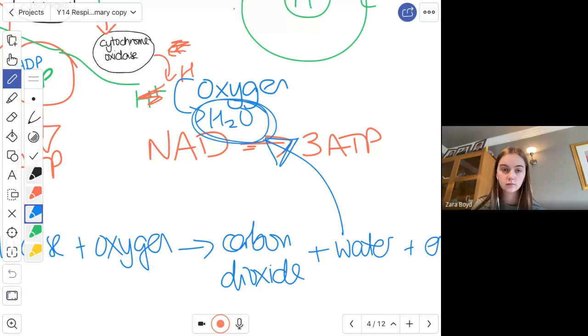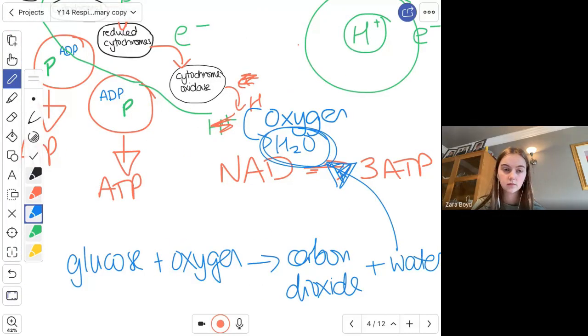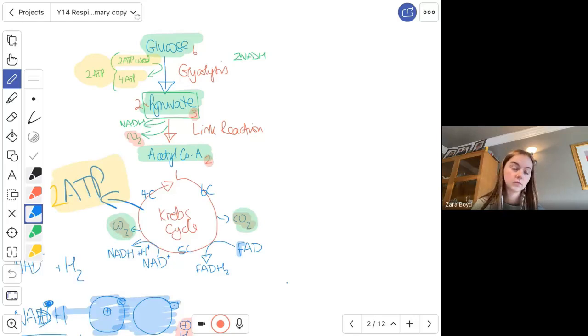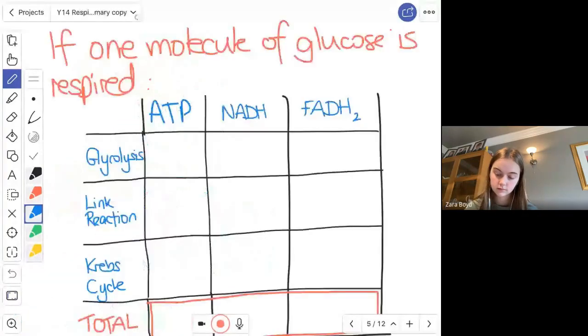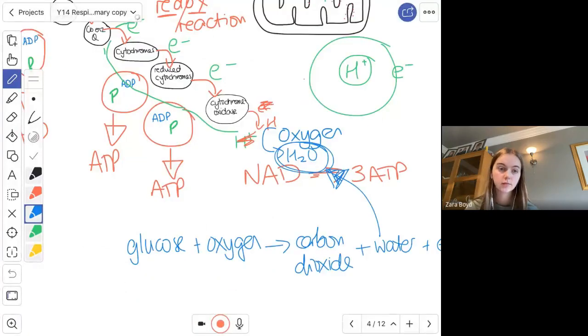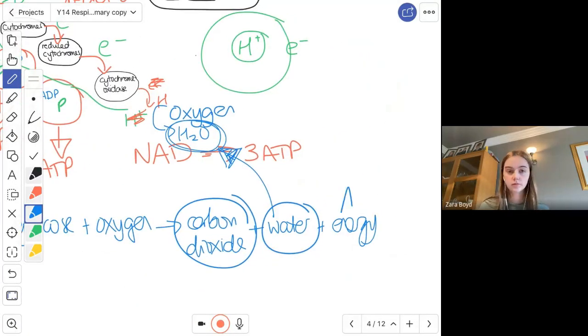Carbon dioxide, well, if we go back, hold on. There's carbon dioxide there, and there, and there. And the energy that we're talking about is ATP. Okay. So we've talked about carbon dioxide, we've talked about water, and we've talked about ATP.